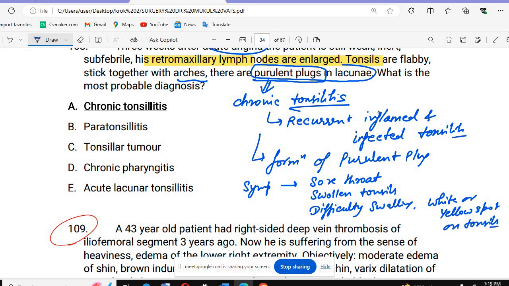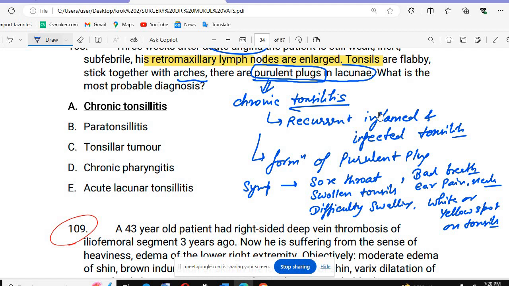These are very minor spots that we will see. Along with that, the patients will have bad breath, or foul breath from the mouth, and some ear pain, headache, all kinds of features.